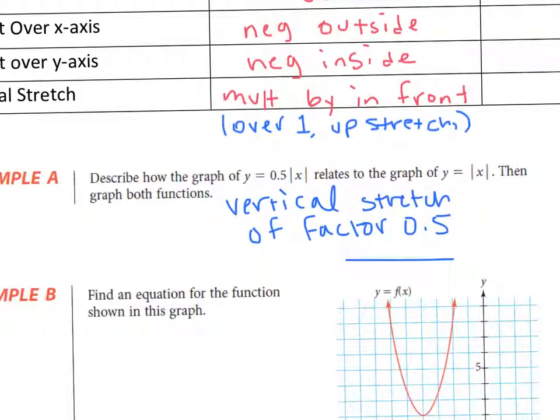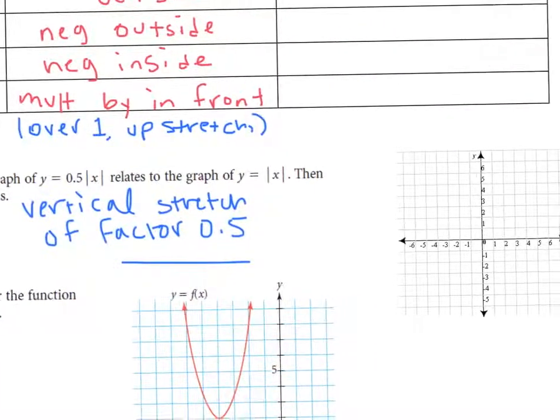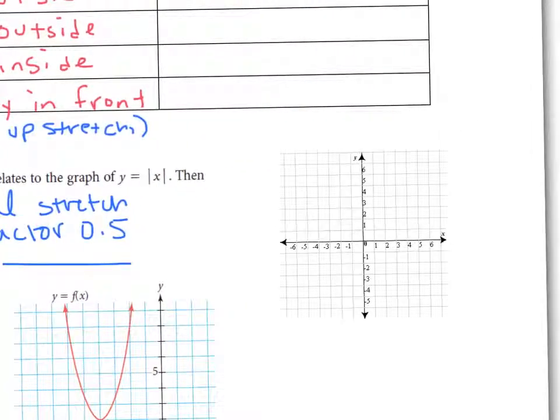And really, all that means is that all of our y values are going to be cut in half or multiplied by that factor of 0.5. So first, to graph our parent, we start at 0, 0, and we are going at a slope of 1 all the way up in both directions.